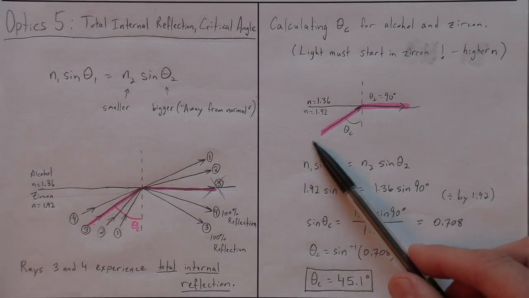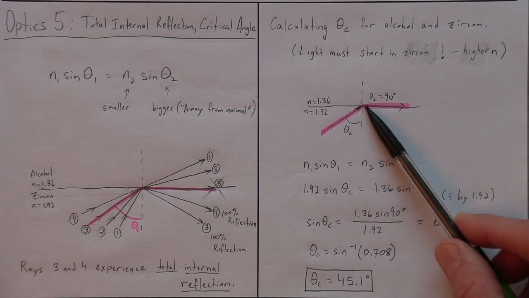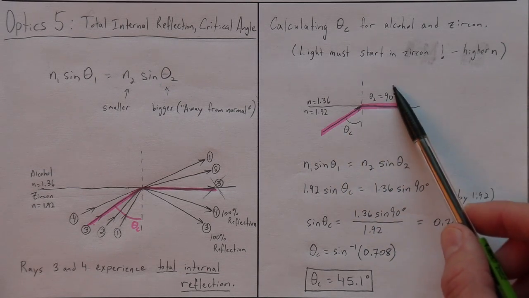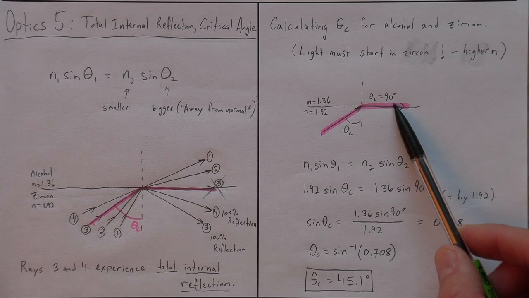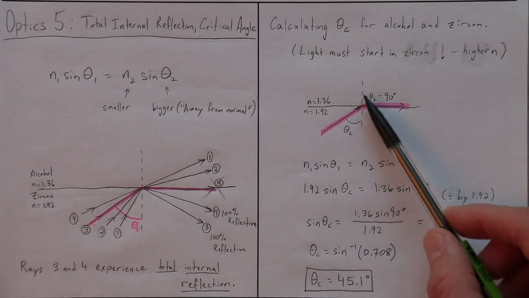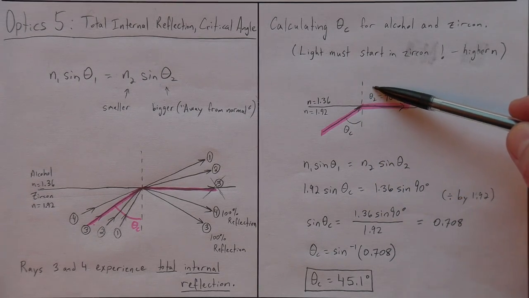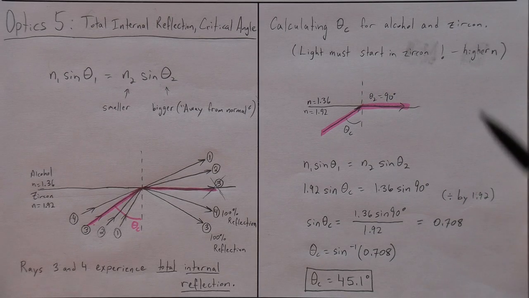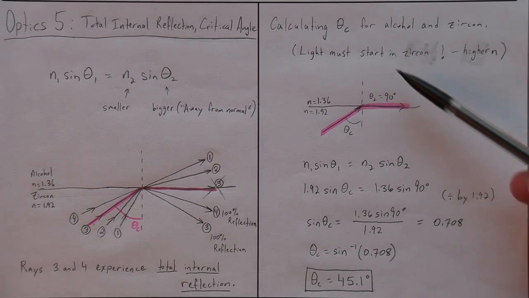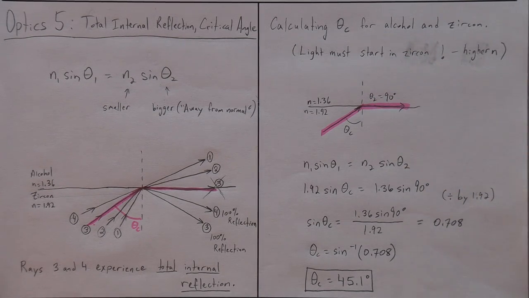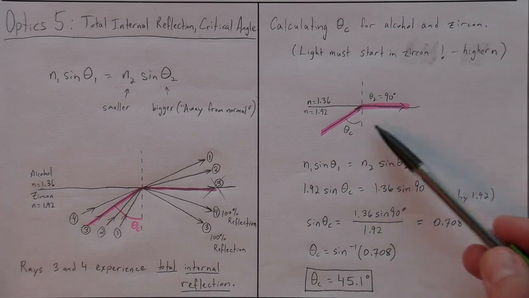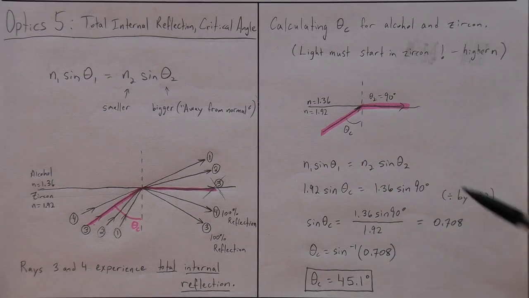So I imagine the light coming in zircon at the critical angle, and for now I'm going to pretend that it refracts along the surface here. In other words, theta from the normal is 90 degrees. When you're calculating the critical angle, theta 2 is always going to be 90 degrees. And then we just use Snell's law: n1 sine theta 1 equals n2 sine theta 2.